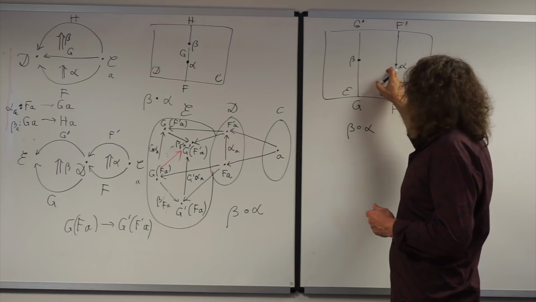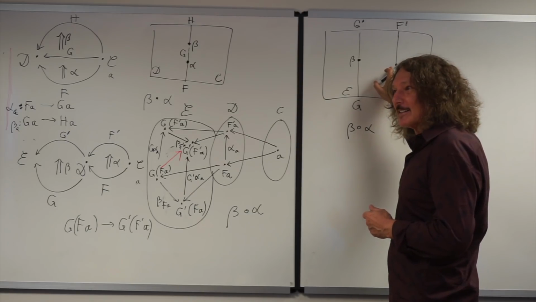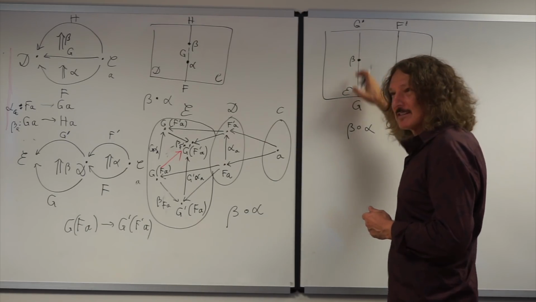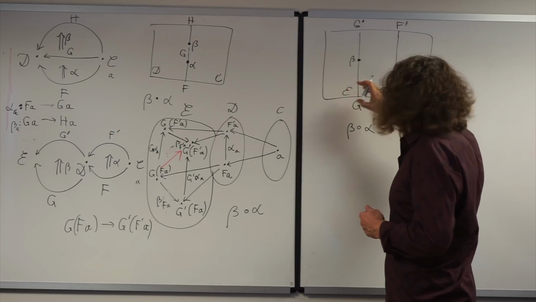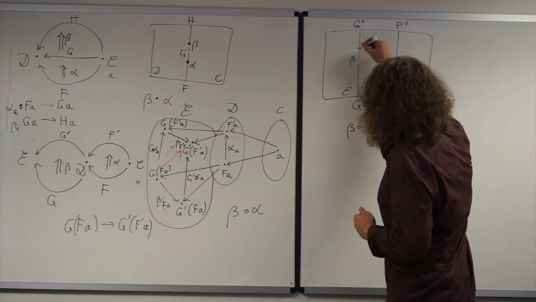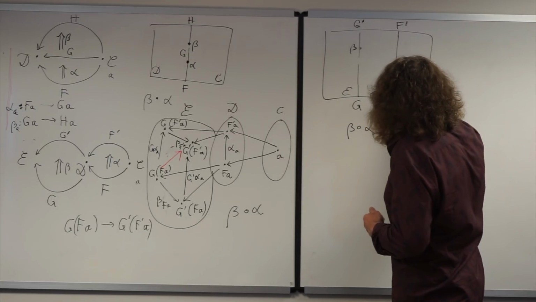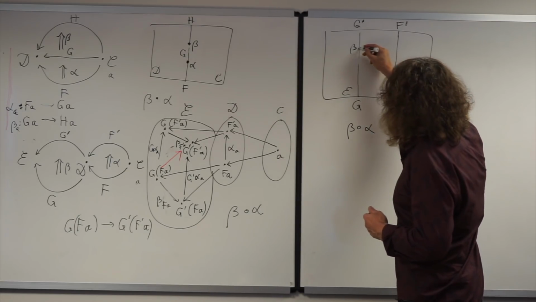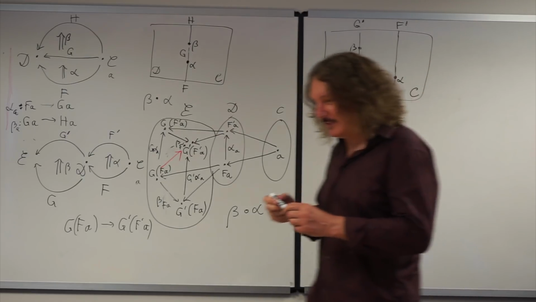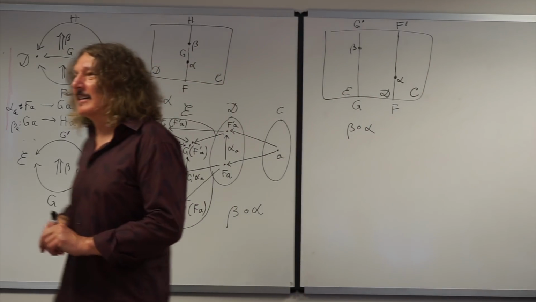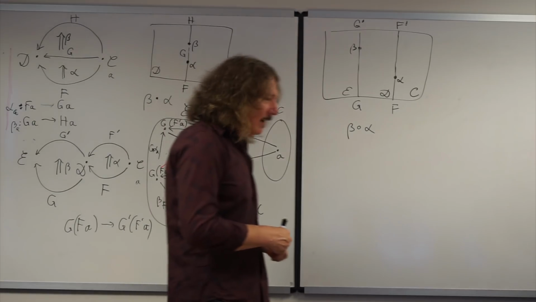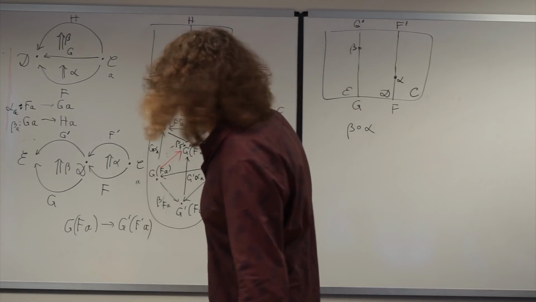So the important thing is that I can move these dots. I can draw this beta here and this alpha here, and it will still work. So the actual position of beta and alpha doesn't matter, and this is because of the interchange law.